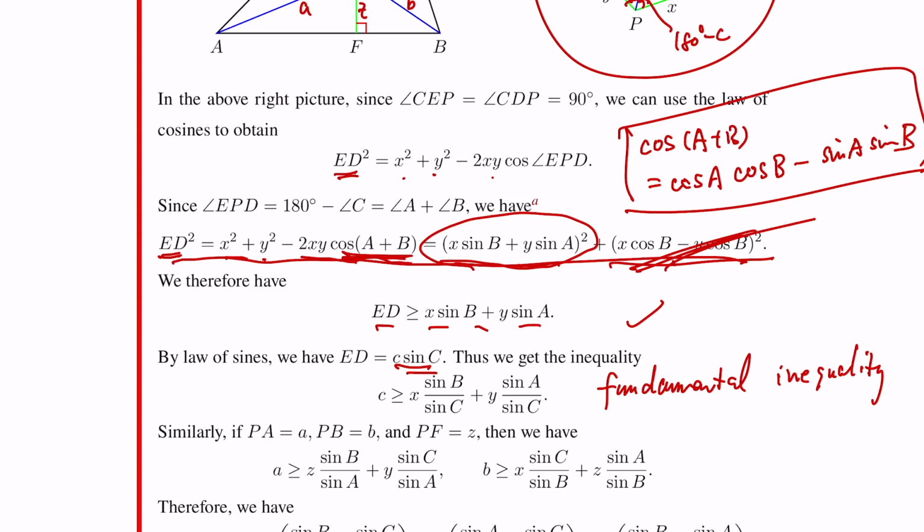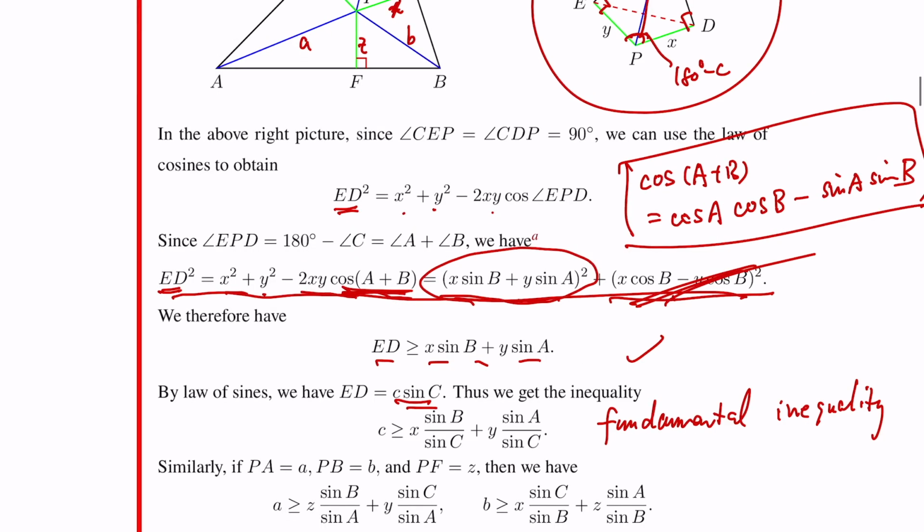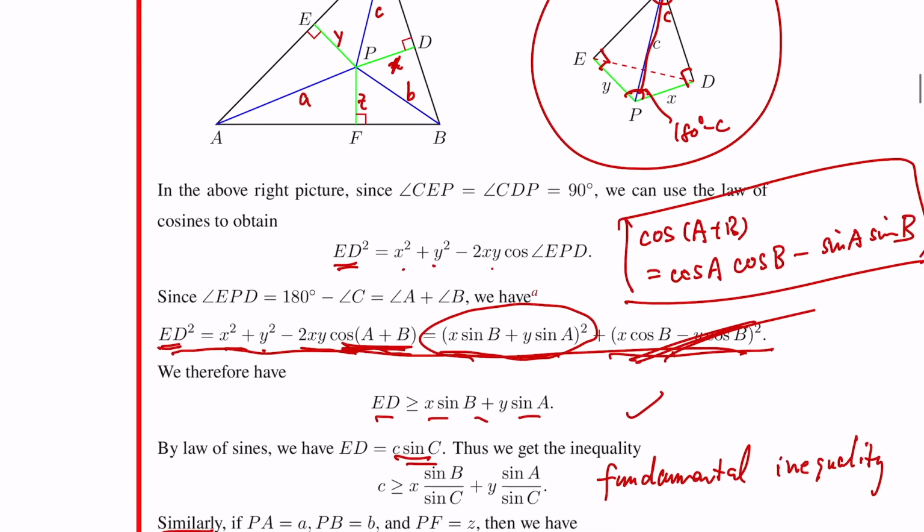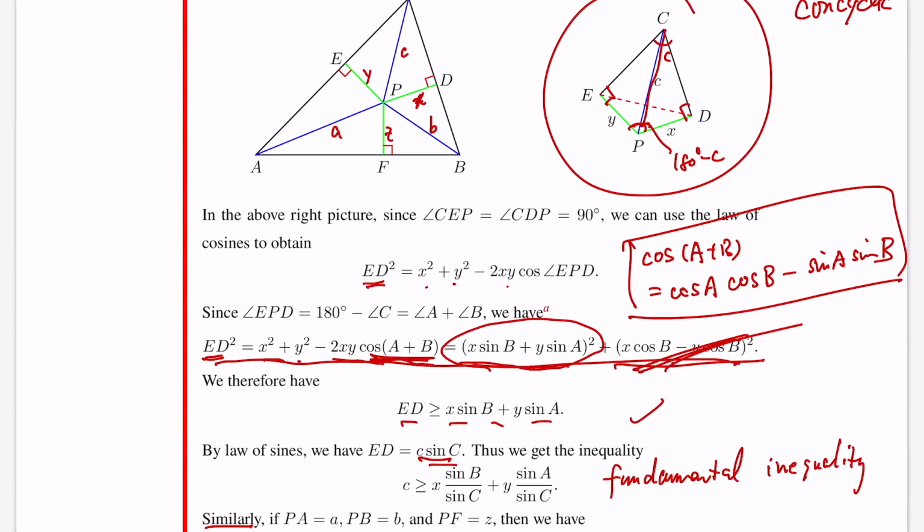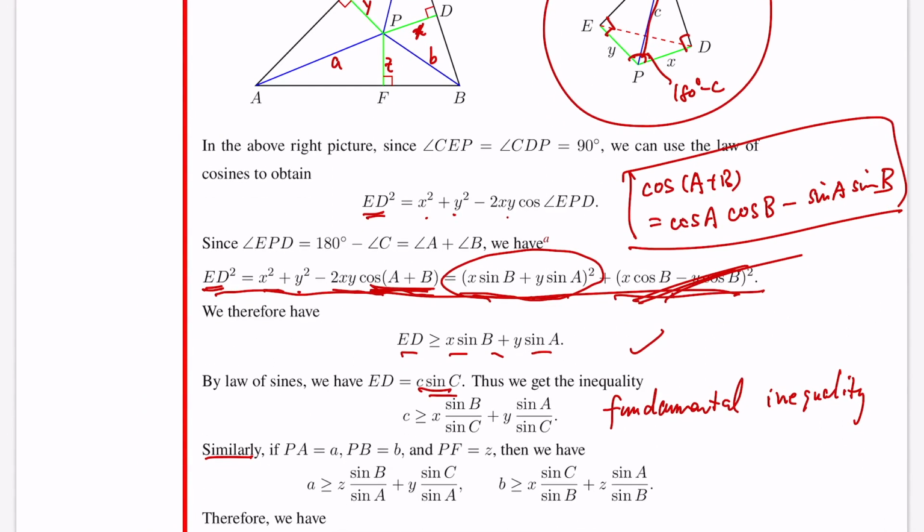So that's what we have. And so the next thing is we can do the same thing for the other 2 parts. If we do that, we would get 2 other inequalities. I can write them explicitly using the same method. So a is greater than these 2 guys, and b is greater than these 2 guys.